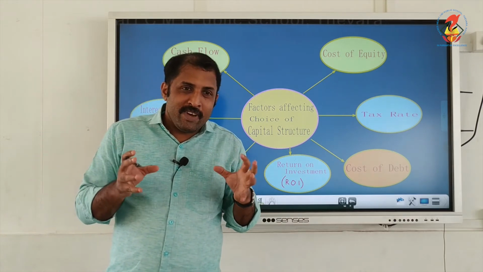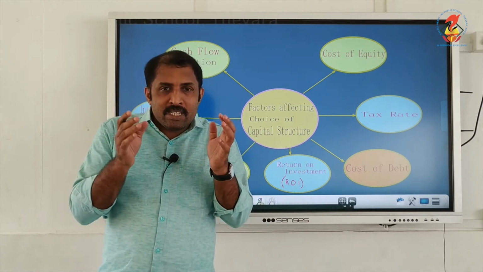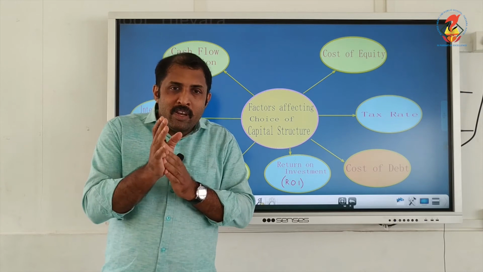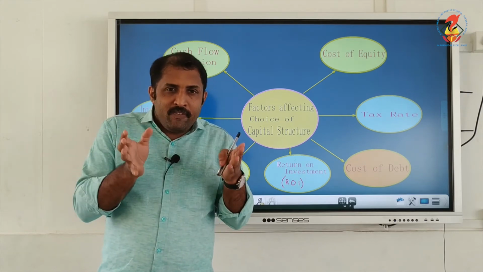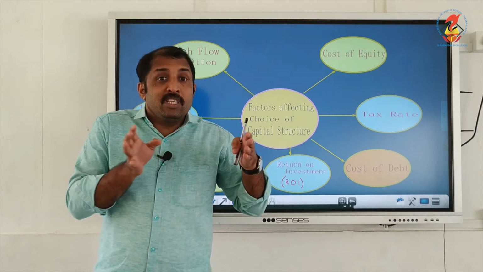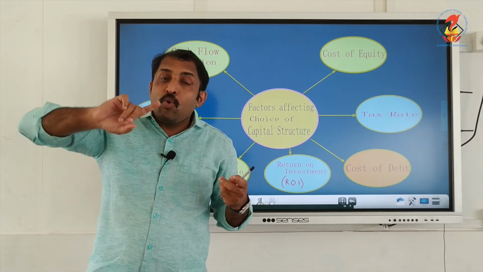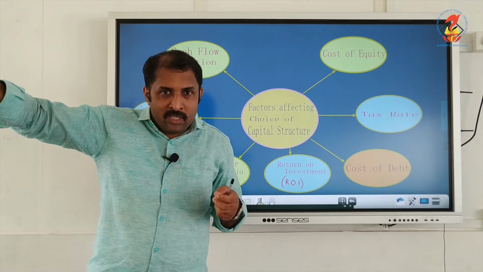Trading on equity is a concept whereby we are increasing the debt sources in the overall capital. We are increasing the financial leverage so as to have an increase for equity shareholders.